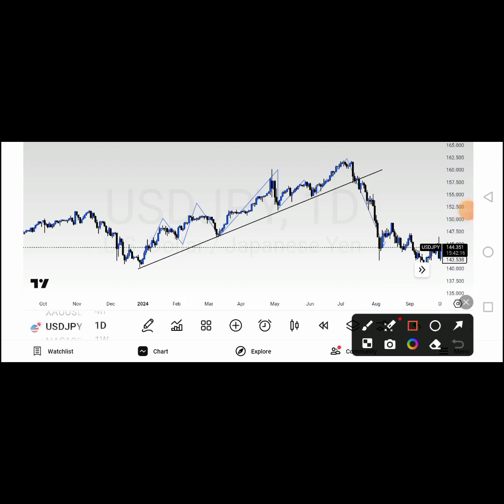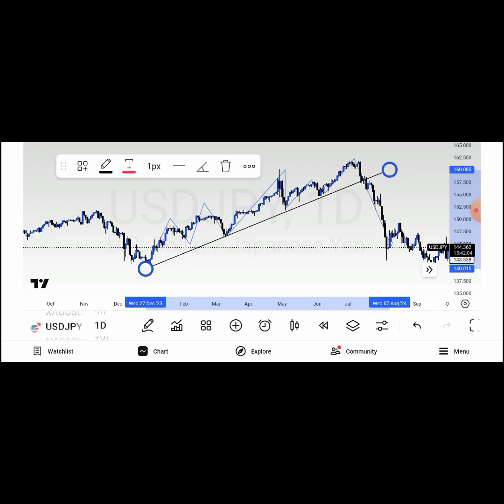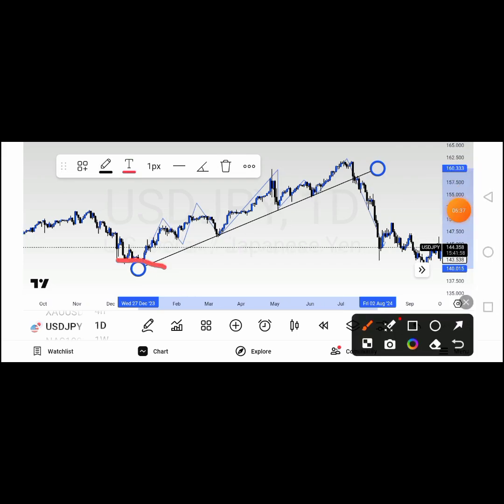Two lows, 1, 2, before it is valid. So you can see that our trend line actually touched 1, 2, 3, 4 before it broke.